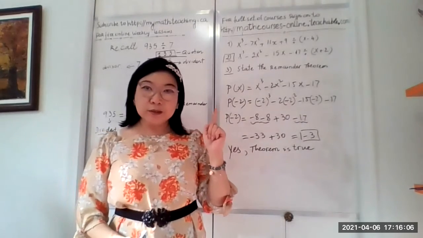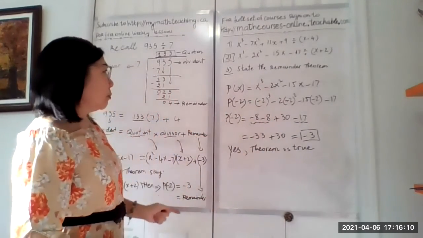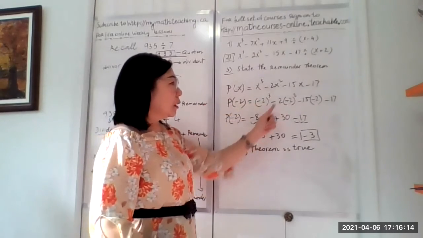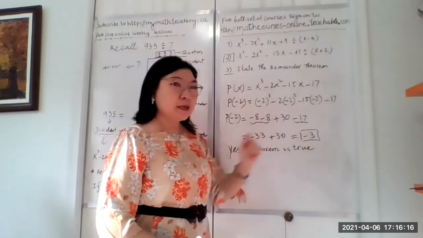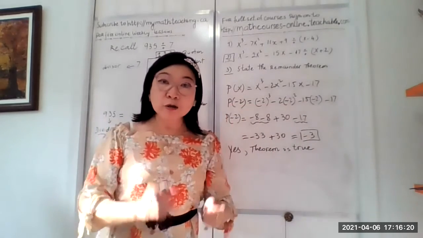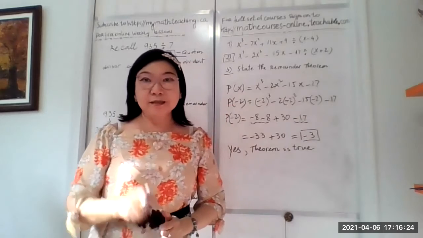How do you calculate the remainder using the remainder theorem? You just substitute x equals minus 2 into the expression, calculate it out, and you get the remainder without going through the long division process. That's my purpose of the lesson today.